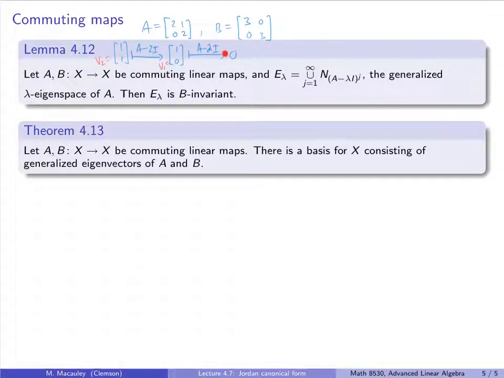Now B, if I were to ask you to find the eigenvectors for B, you would most likely just say, well, let's take (1, 0) and (0, 1). And you would be right. This is a linearly independent set of eigenvectors. That's a basis. But really, every vector of X is an eigenvector because this is a diagonal map. So for any vector, Bv equals 3v.